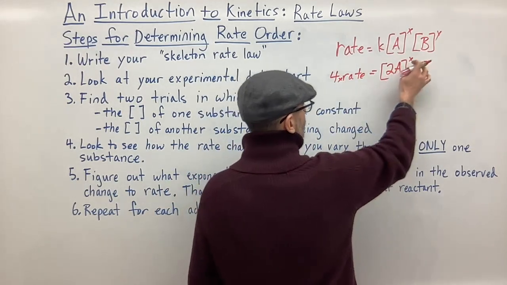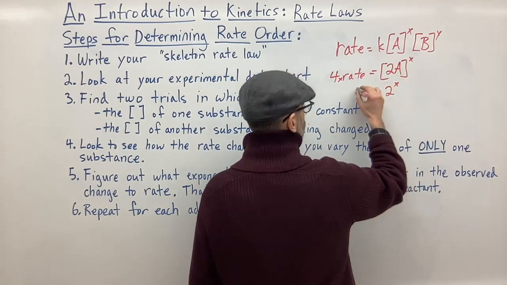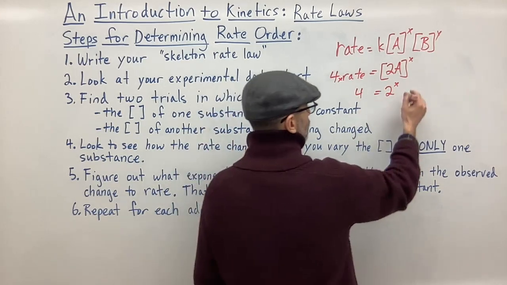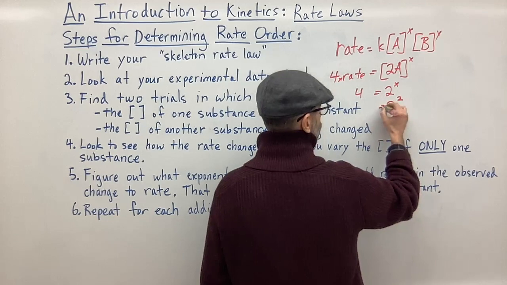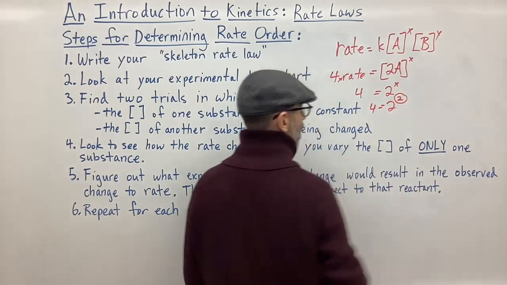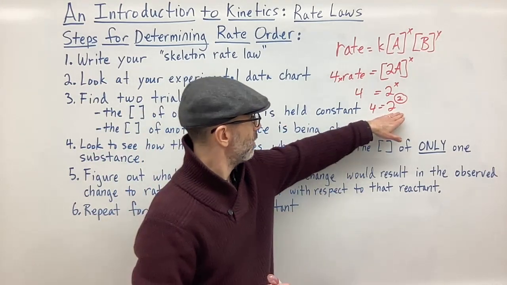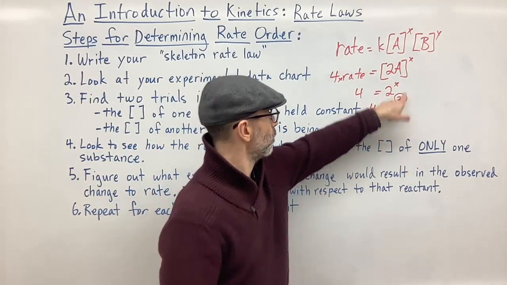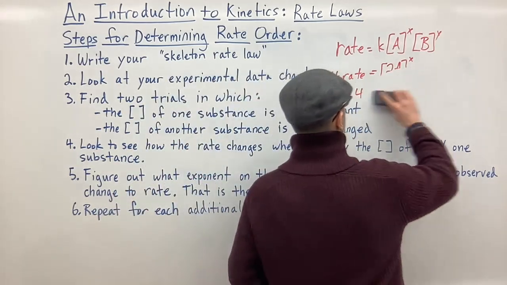So 2 to the X power is equal to 4. Well, X would need to be 2, right? 2 to the power of 2 is equal to 4. So in order to quadruple the rate when I double the concentration, my exponent would have to be 2. So maybe that's a better way to think about it.